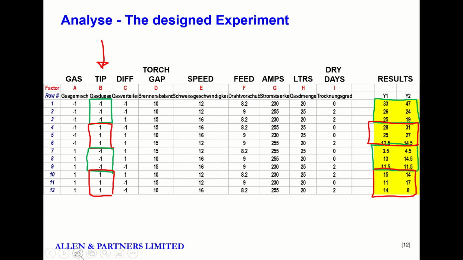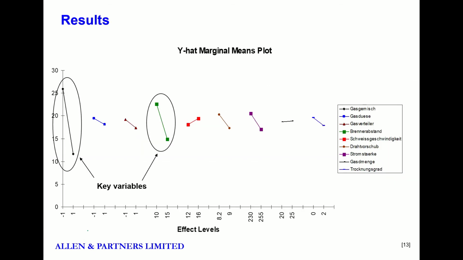They're in the red. So if I now go to the marginal means plot, the factorial plot, this end of the graph was the average of those green results. This end of the graph was the average of those red results. And that is how the marginal means plots gets created.